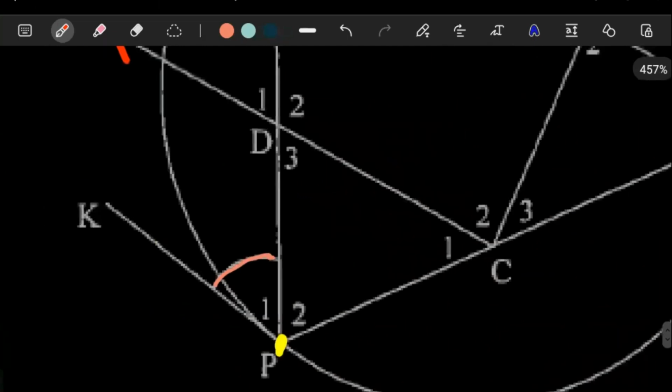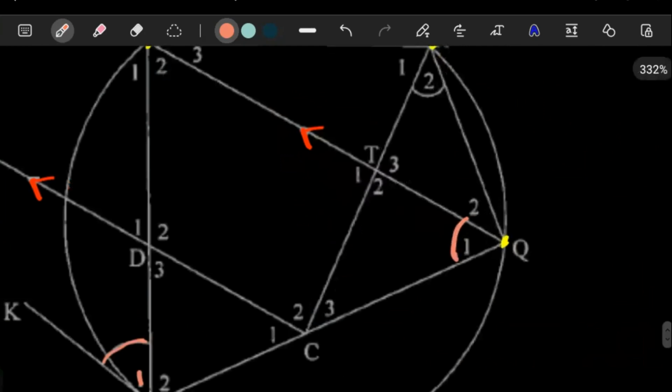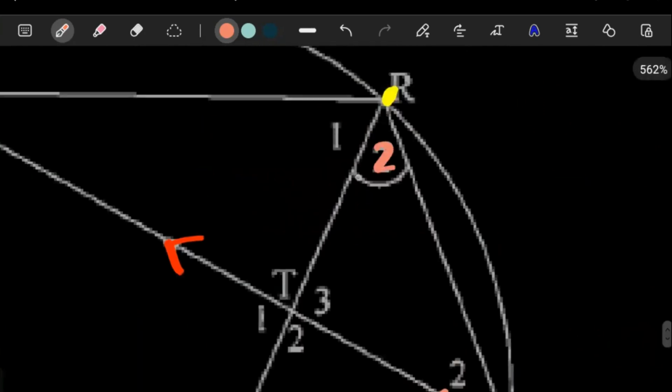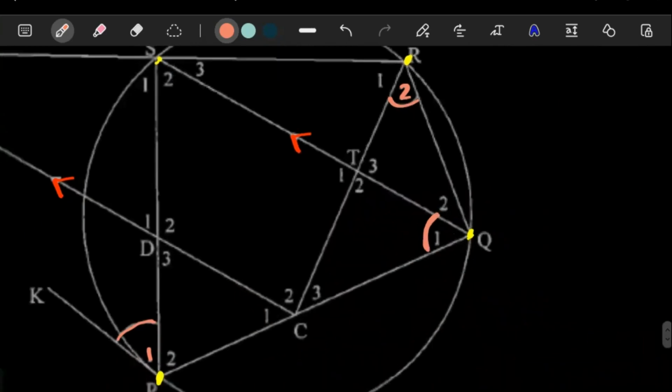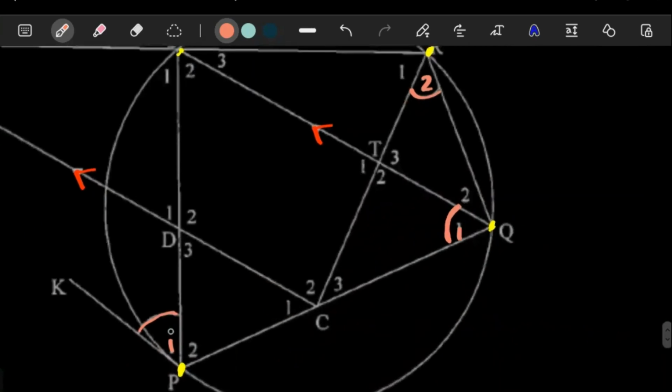If they tell us that those are equal, it automatically means that this is also equal to this one. We should not forget it. They're all equal to each other, because if this is equal to this because of the tan chord theorem, these are equal. They just told us they're equal. It's like given information, so we can use that to our advantage.